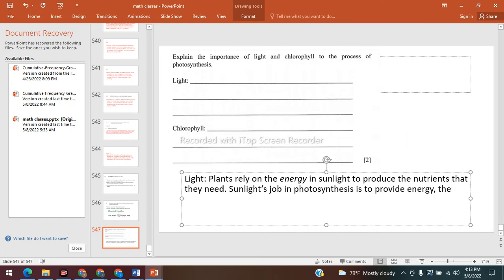The sun releases energy in the forms of heat and light. So we need the energy, we need the light, because light is a form of energy.